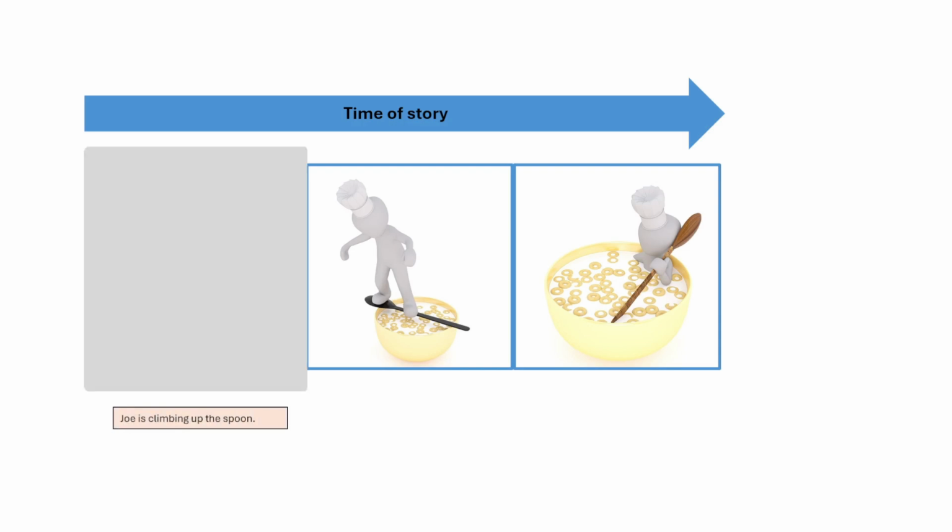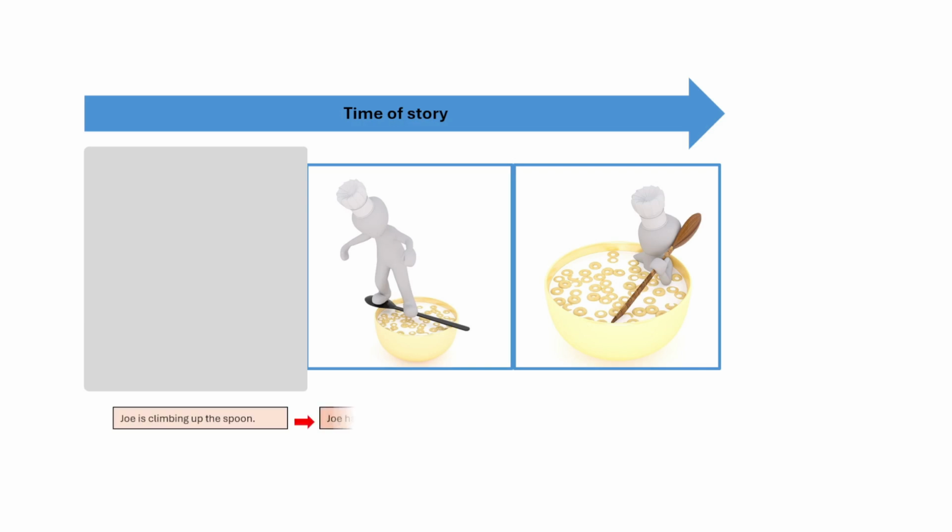But now we can't see him climbing up the spoon. He's not doing it anymore. It's in the past. So the action is in the past, but the time of the story is not finished.